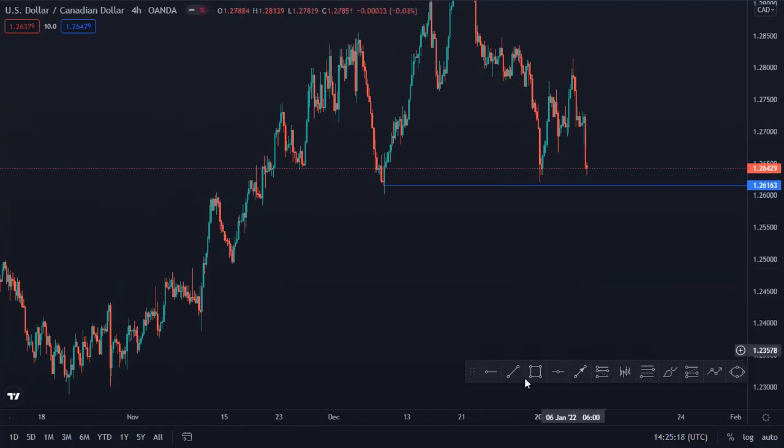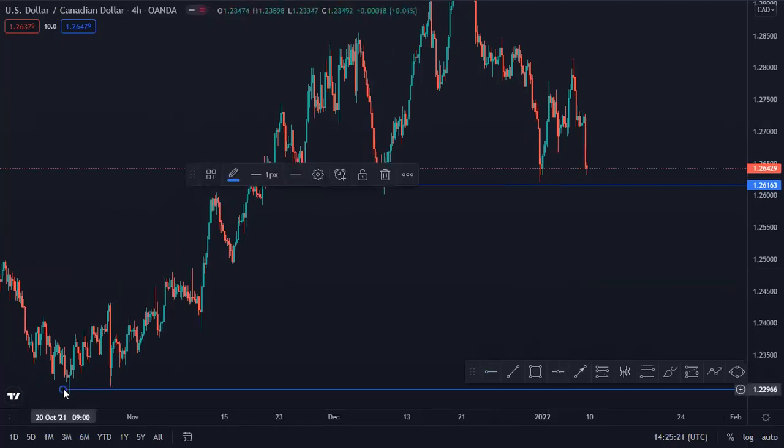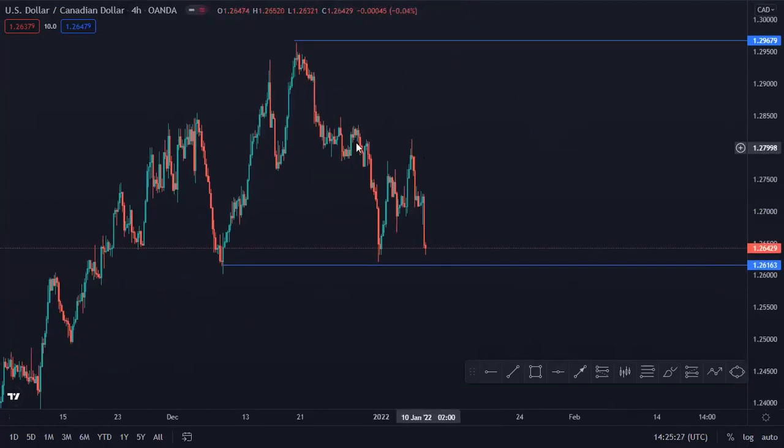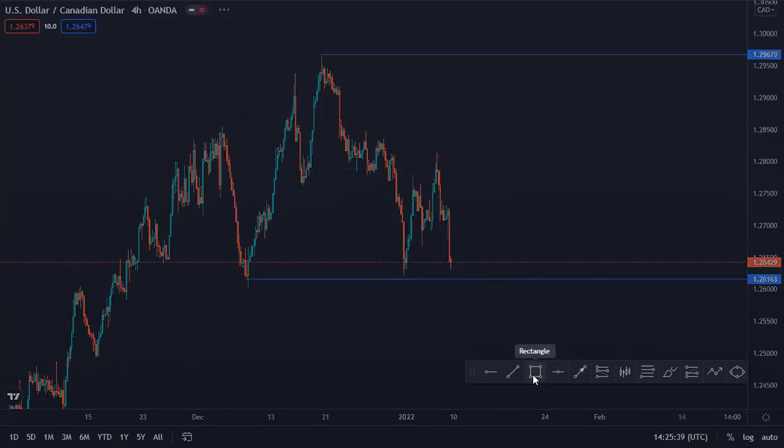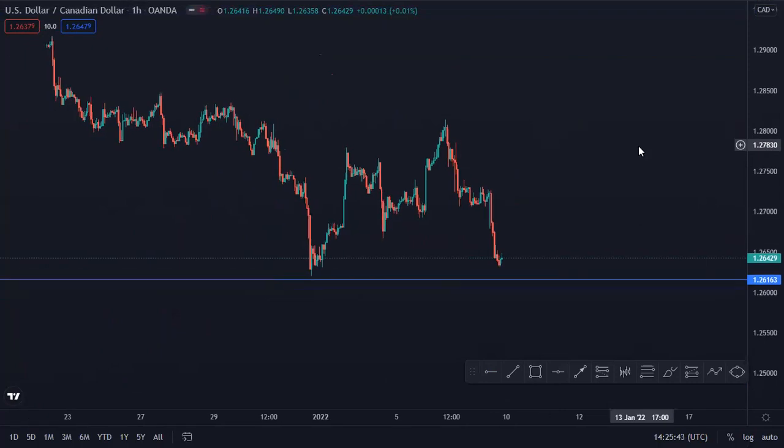Maybe I might also mark this one right here. But currently what we have is this, guys. As you can see, the market is currently at the support. But let's just jump into each one and see things much clearer.